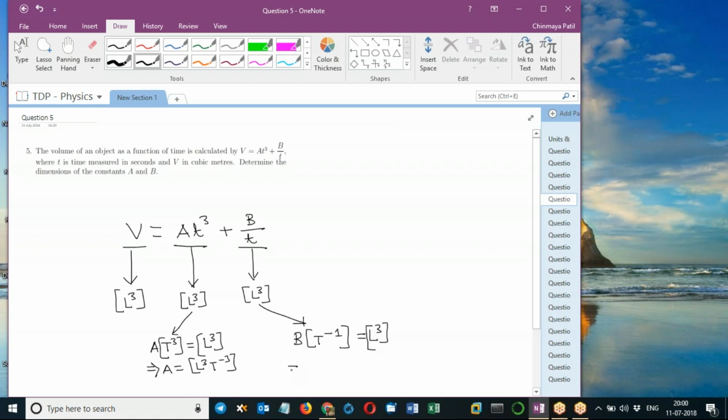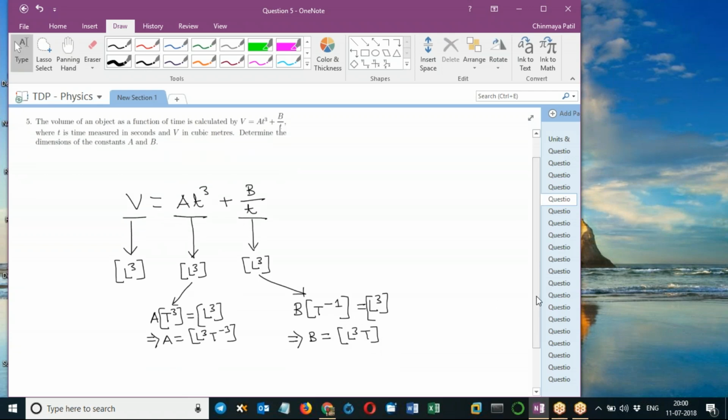So from here we can say b is equal to L³ T. So this is the dimension of the constant b. Note that a and b are constants, but they have dimensions.